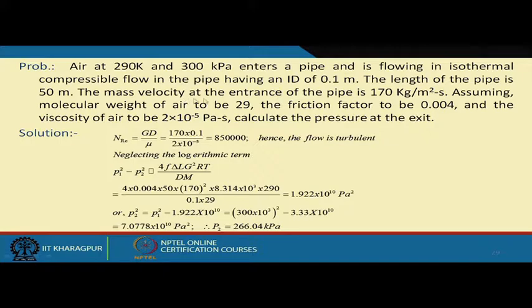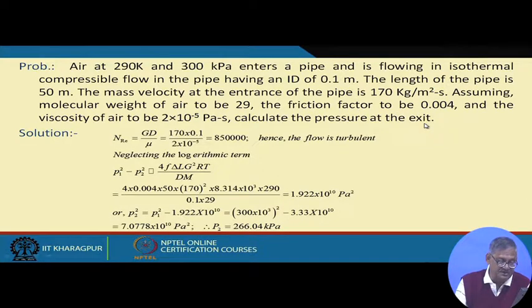The mass velocity at the entrance of the pipe is 1700 kg per meter square second, and assuming molecular weight of air to be 29, the friction factor to be 0.004, and the viscosity of air to be 2.2 into 10 to the minus 5 Pascal second, calculate the pressure at the exit. So inlet pressure is given as 300 kilopascal, exit pressure we have to find out.